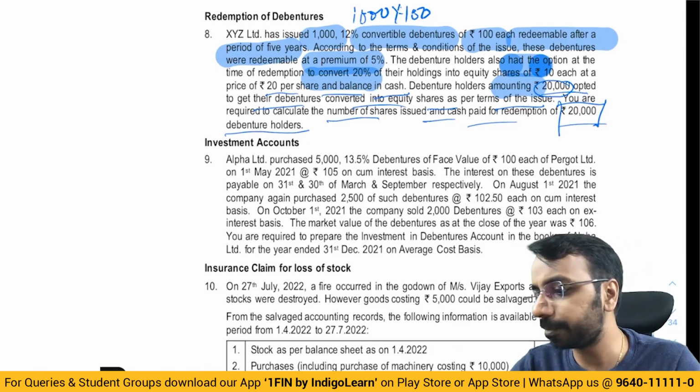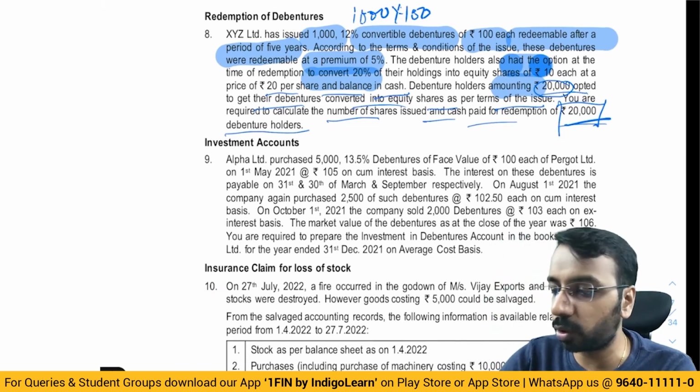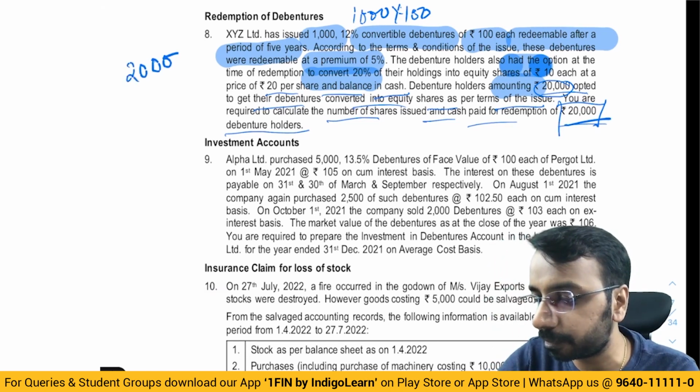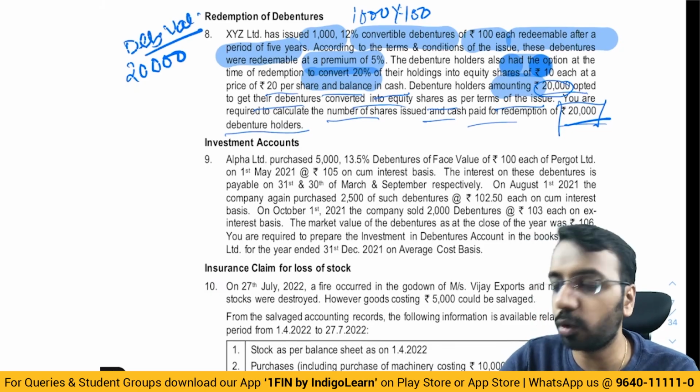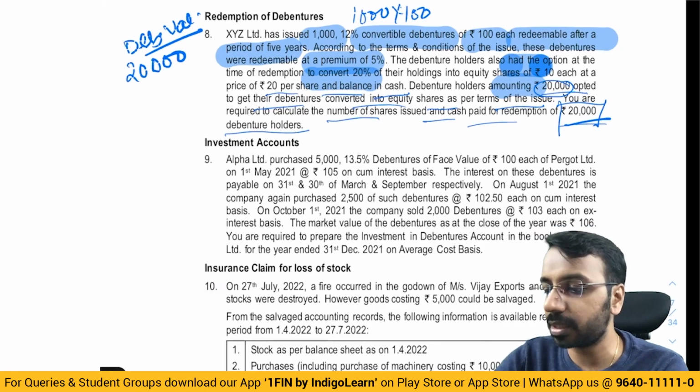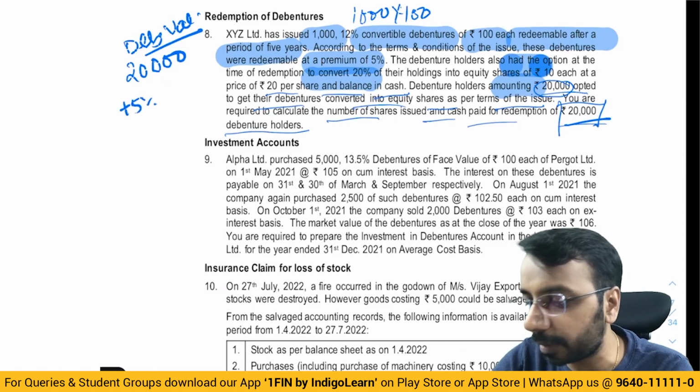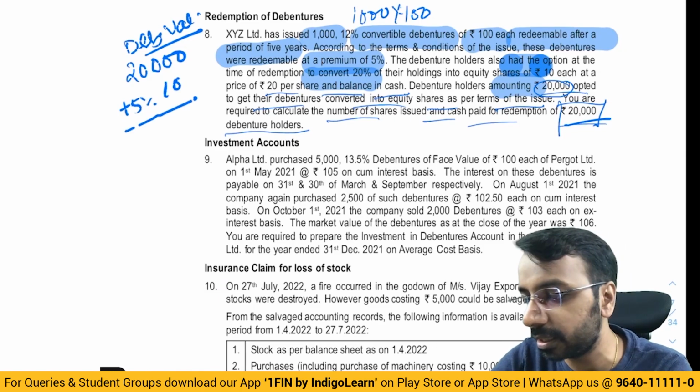So, basically, 20,000 is the value of the debentures. This has to be redeemed at a premium of 5%. So, 5% of 20,000 is 1,000. Total value will be what?